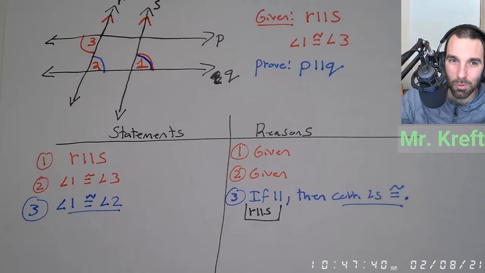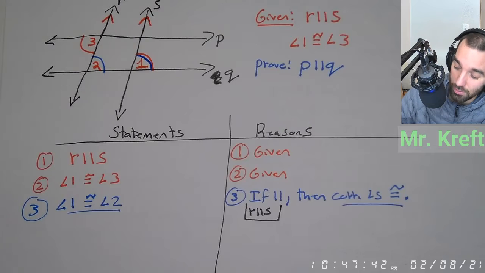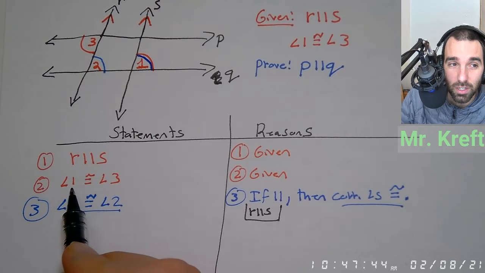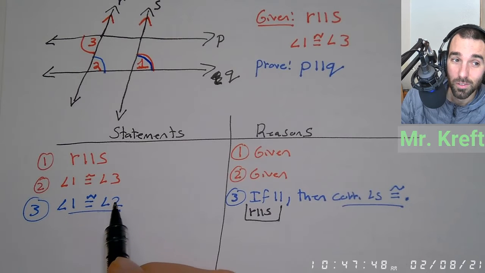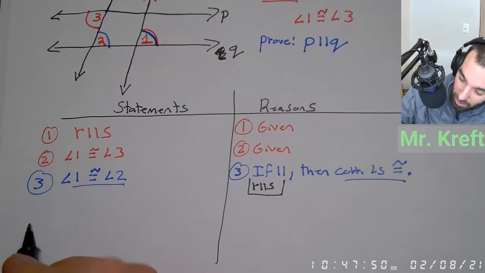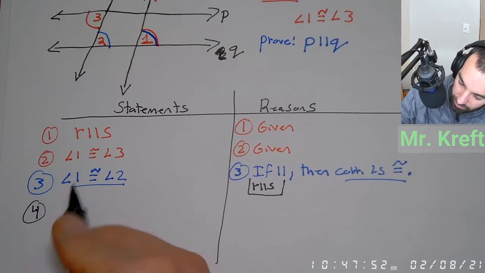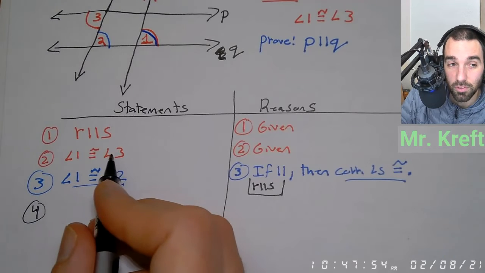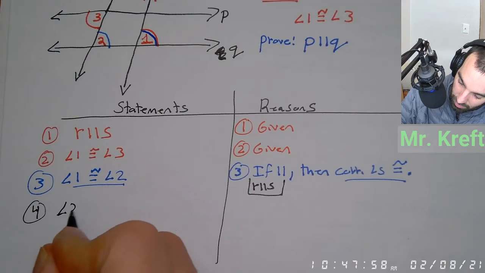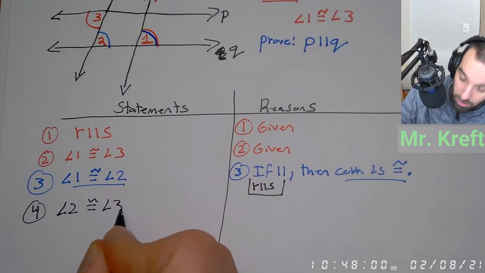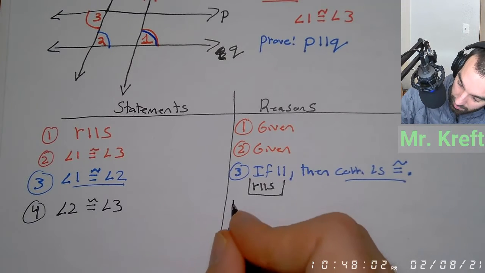Now you might be like, well, Kreft, you said we were trying to prove angle 2 and angle 3 congruent. Well, check this out. What does angle 1 equal? 3. What does angle 1 equal? 2. Okay? So then we can say if angle 1 is the same as 3 and angle 1 is the same as 2, angle 2 and angle 3 are congruent.